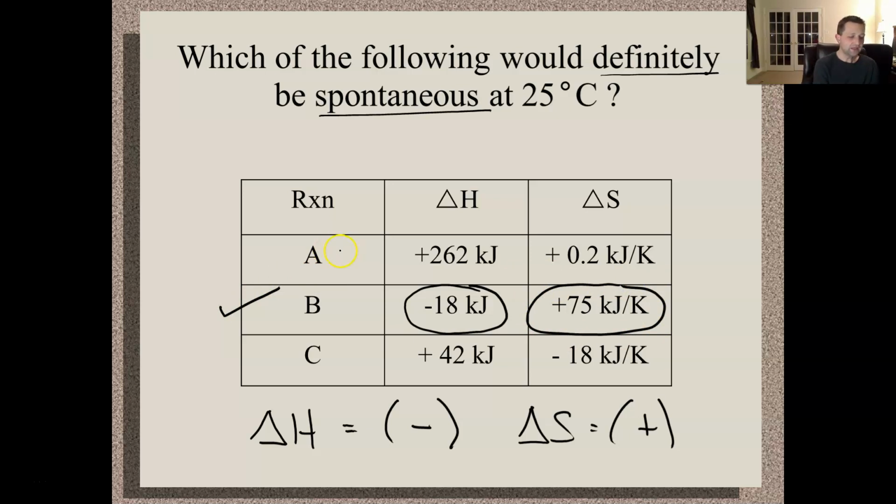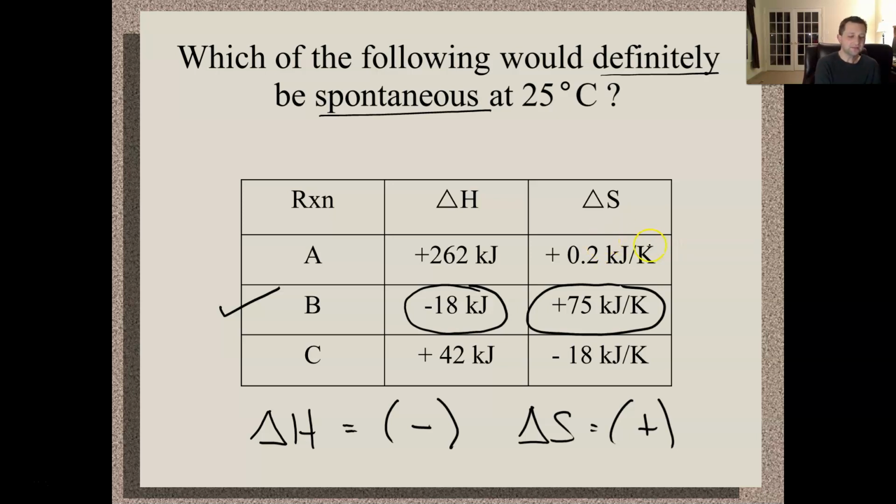If you look at reaction A, we have a positive enthalpy value. So it's not really what we want, right? So that's kind of no good for the overall process. But remember, the overall process has to incorporate delta H and a delta S from that lesson we had on the second law of thermodynamics.